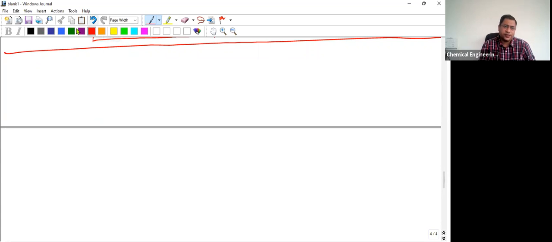For average, we use mu as a notation. If we want to find the average of two numbers, we just add these two numbers and divide by 2.